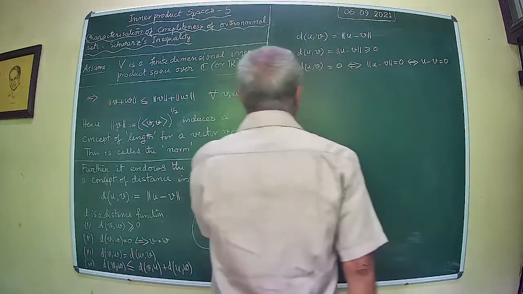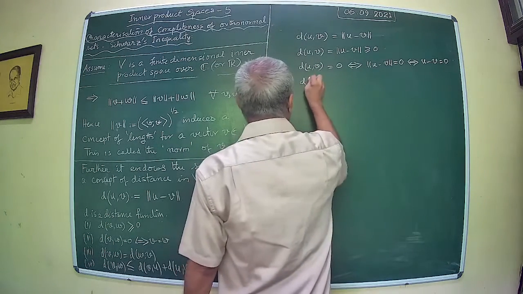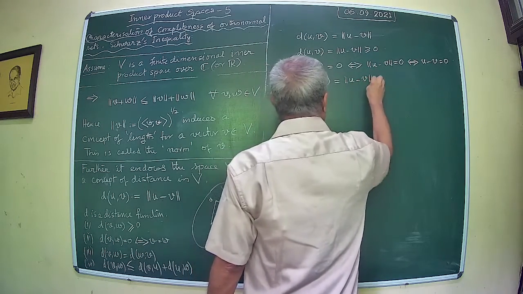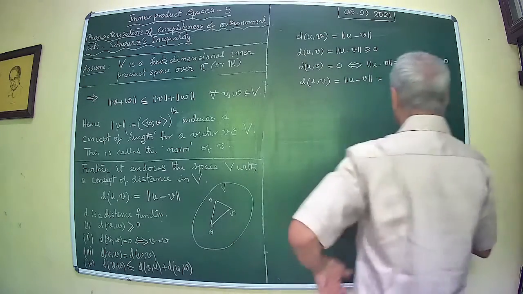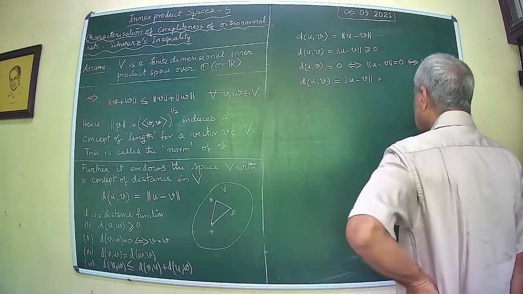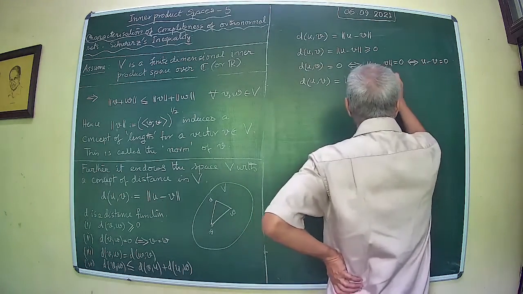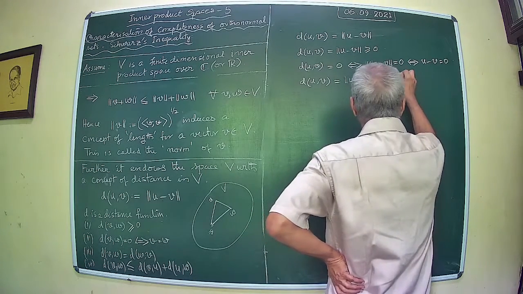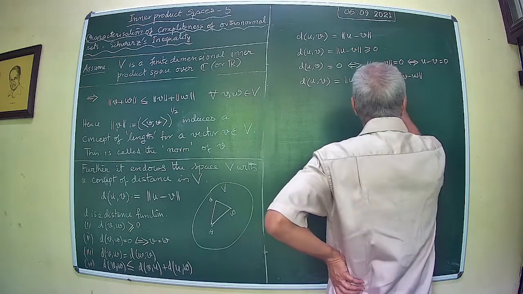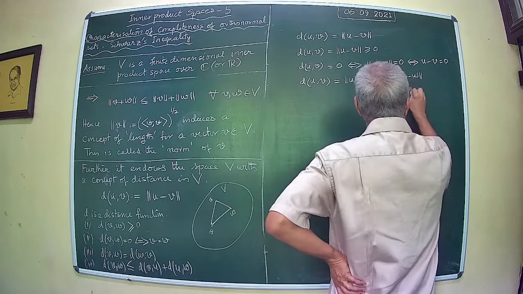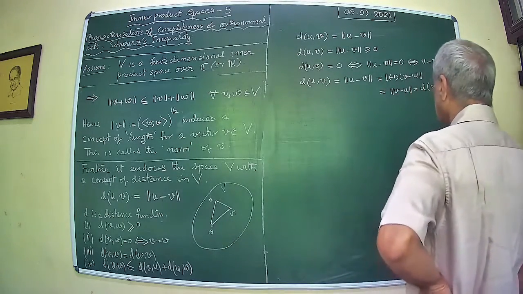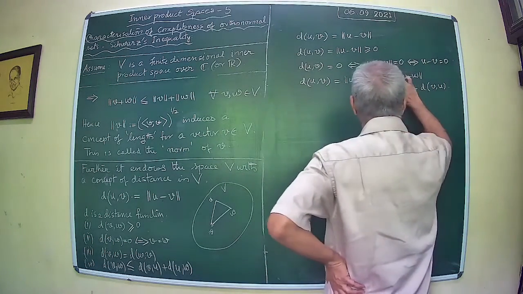Okay. So d of, which is equal to, so plus minus 1.